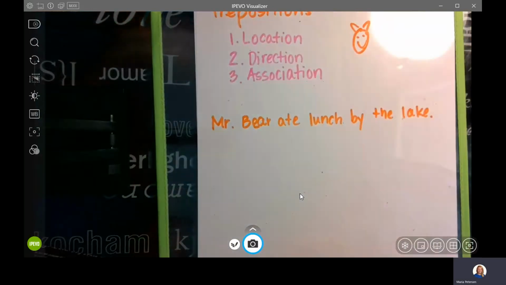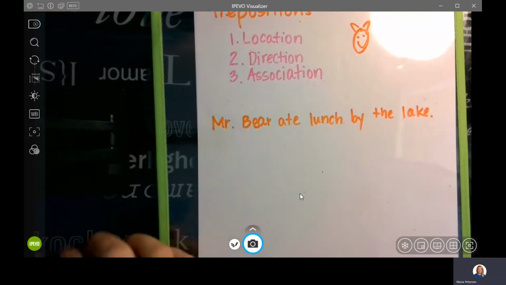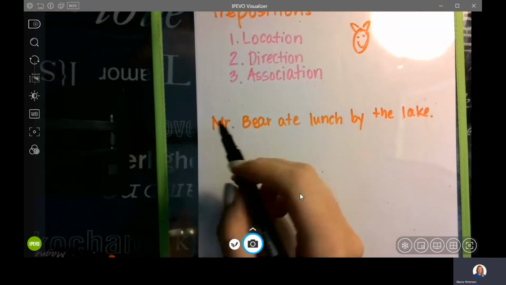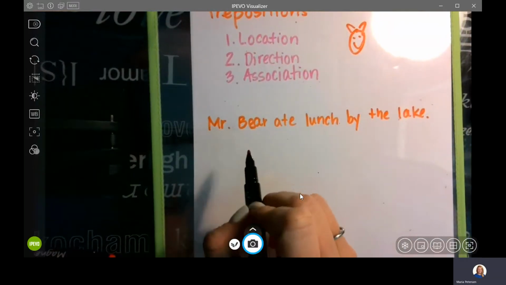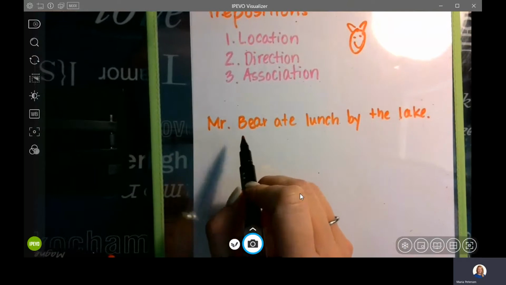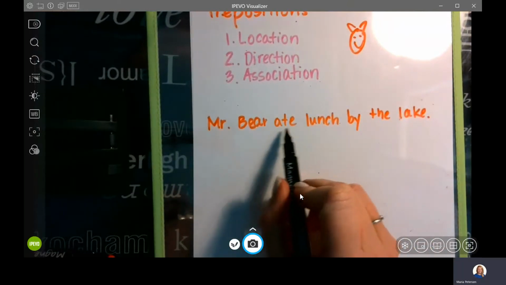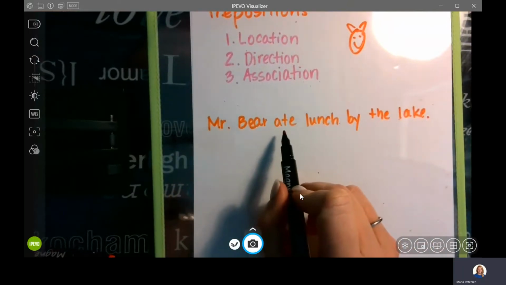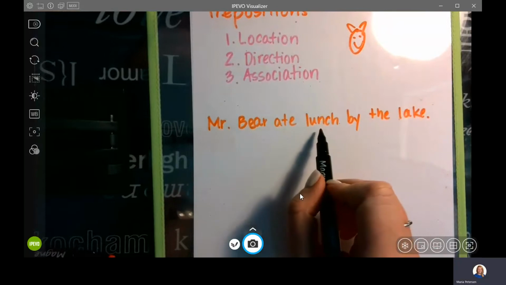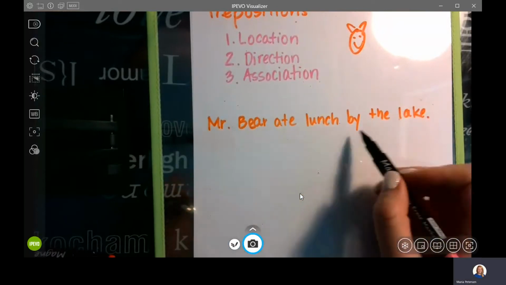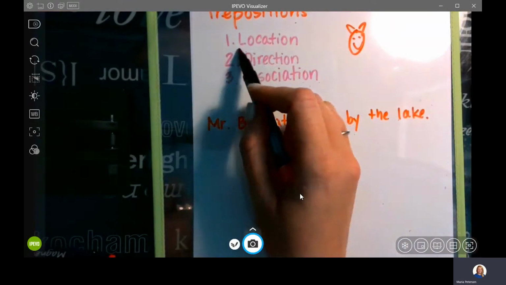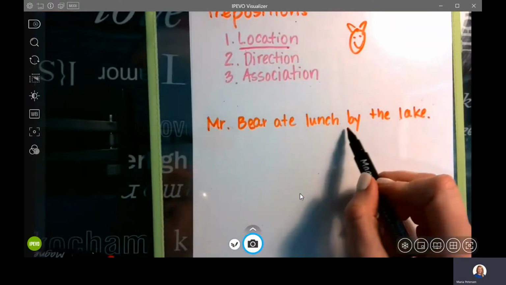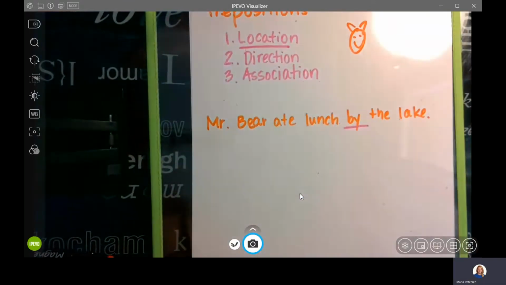Here's our example sentence. We know that Mr. Bear wouldn't be a preposition because Mr. Bear is a person, place, or thing, so he's a noun. And then ate, we know, is a past tense verb. Lunch is a noun. And then by is showing us the location. So by would be the preposition.